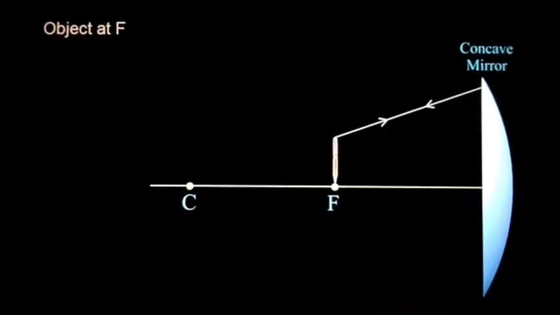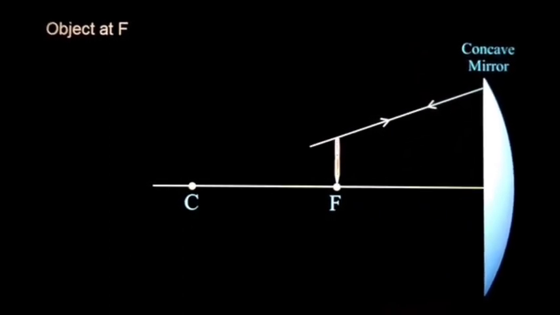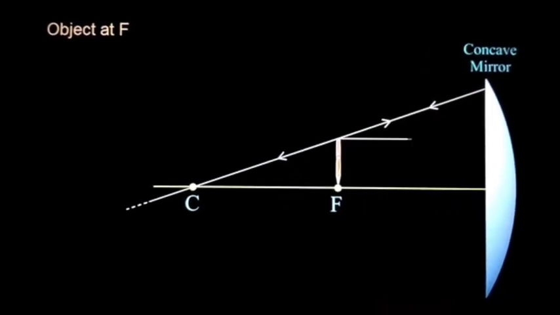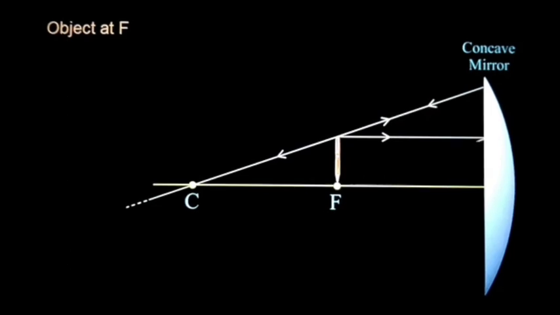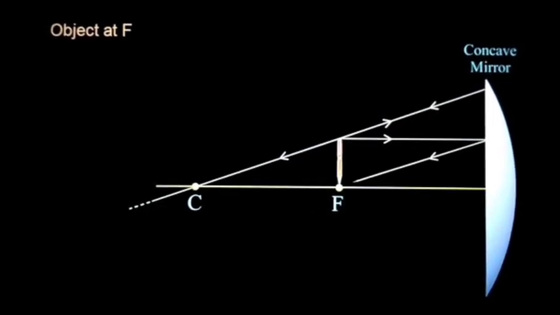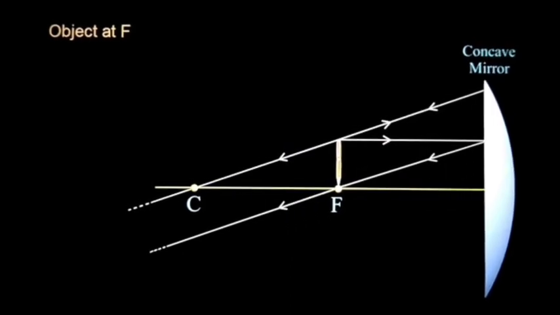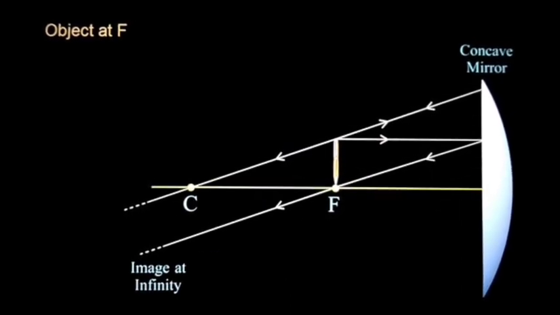Then we get the image at infinity. This image is real, inverted and highly magnified, but it is at infinite distance.